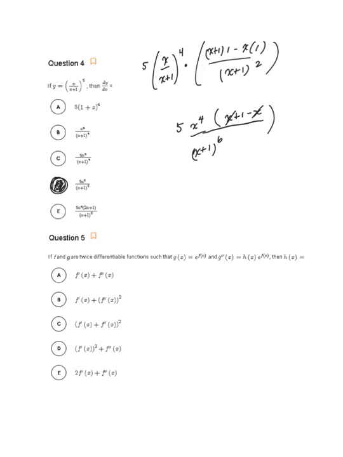So we have f and g are twice differentiable functions. This is how they define g of x. Then they say g double prime is equal to this, and we want h of x.